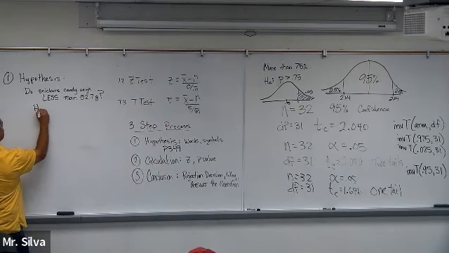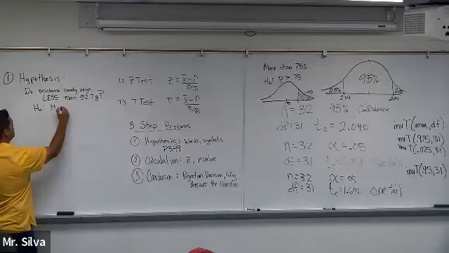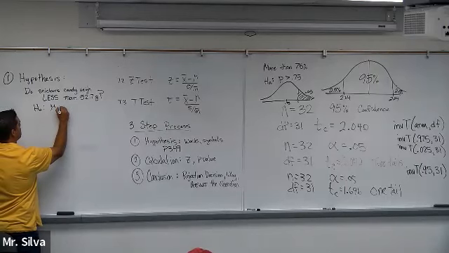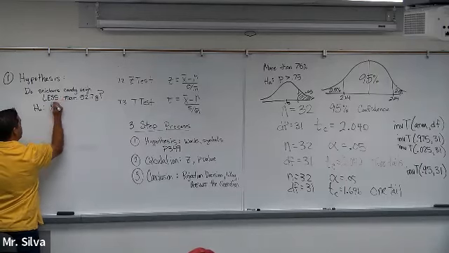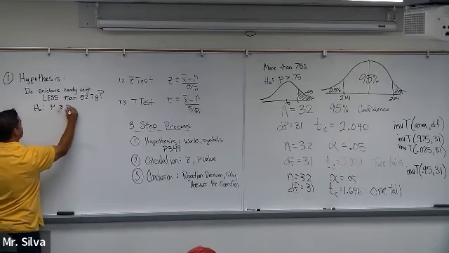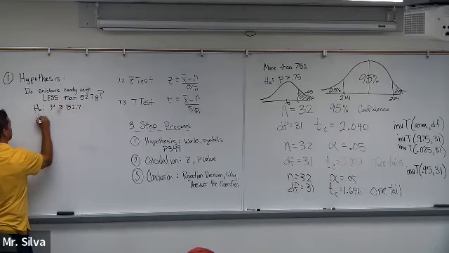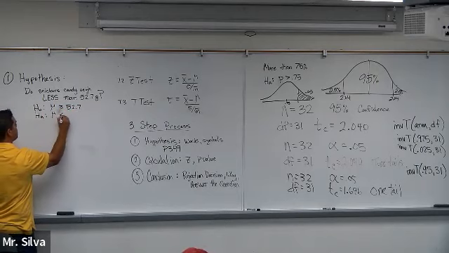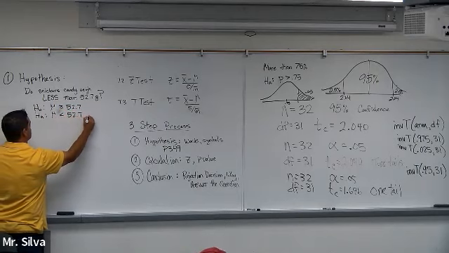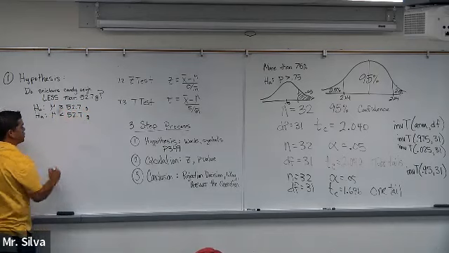I'm going to write my hypothesis. The population mean is less than or equal, or I'm sorry, greater than or equal to 52.7. I'm going to draw a picture here in a sec. That's a G for grams.